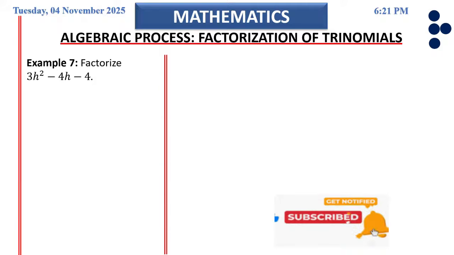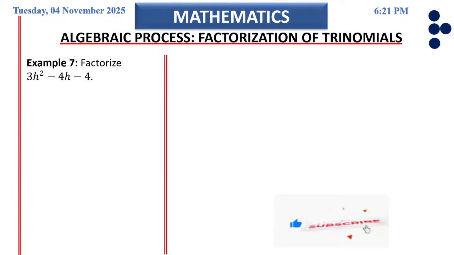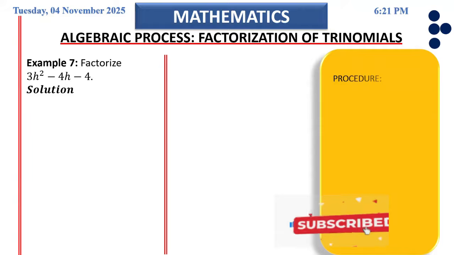When you have that, there are methods that we employ, and that method is what we want to quickly explore, so that you don't get stuck or confused. If you have to factorize this, the procedure is very simple. Let's go through the procedure one by one.